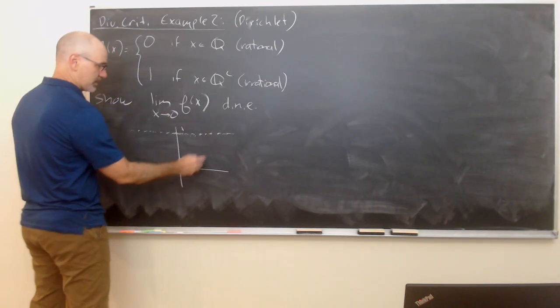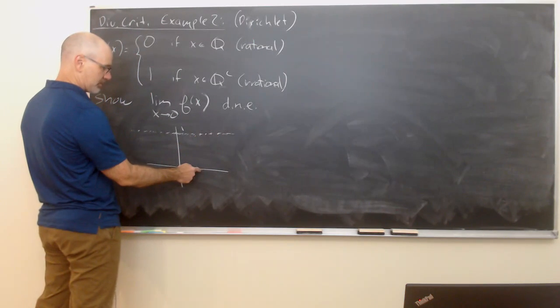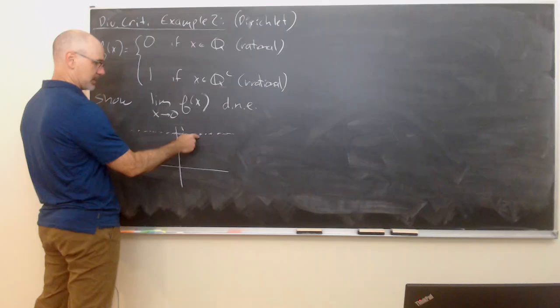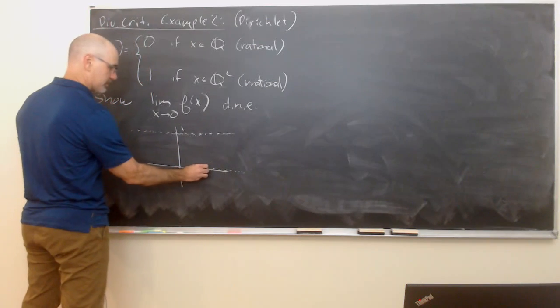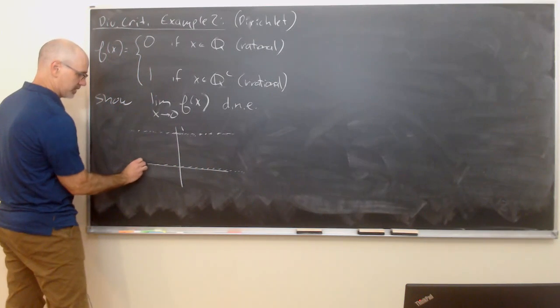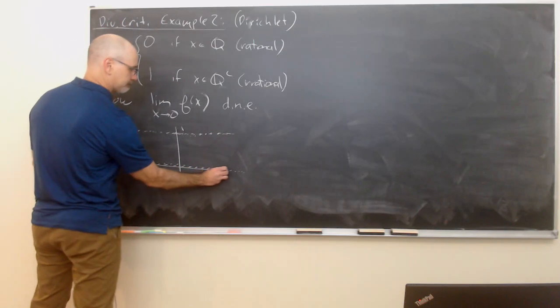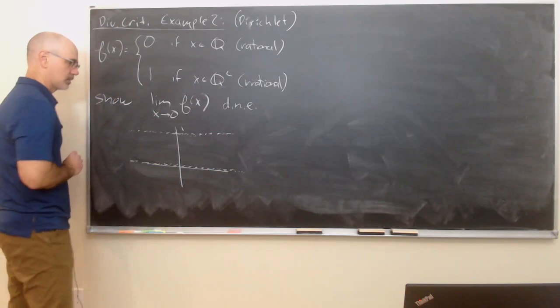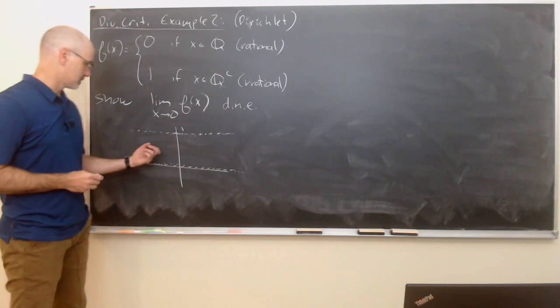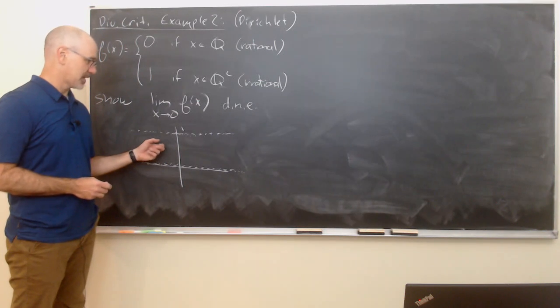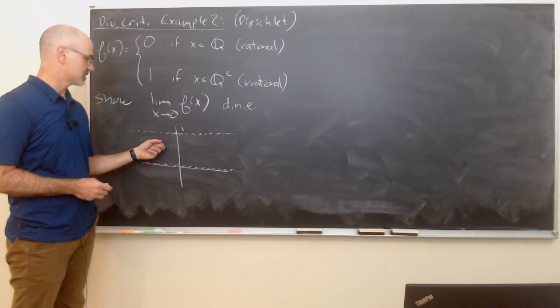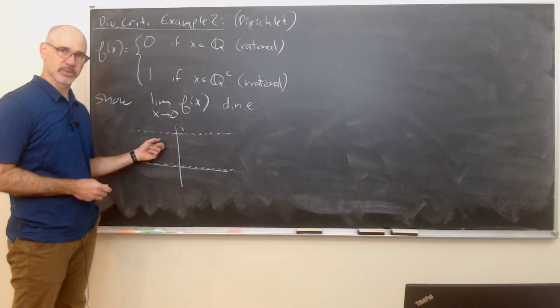Whenever we have an irrational number, we jump up to this fuzzy line, and if we have a rational number, we're down here. So even though this is not exactly the graph, this is indicative of what the graph looks like.